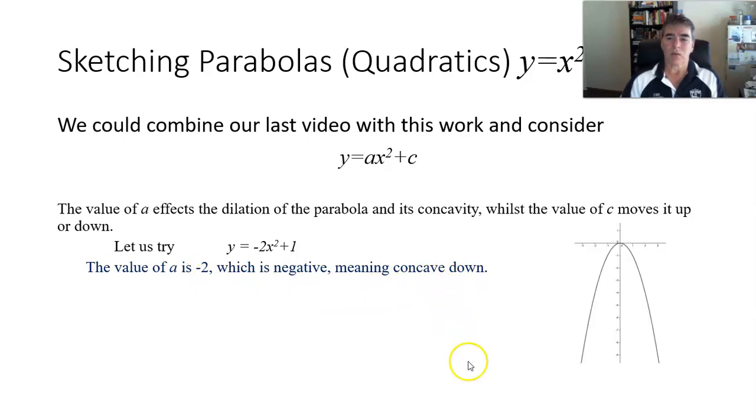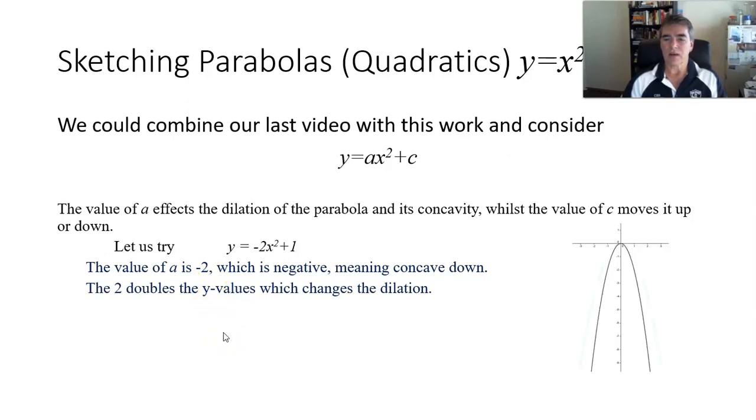So, concave down, that's just y equals -x squared, and then I'm going to multiply it by 2, and that's going to change the dilation. And so we get y equals -2x squared looking thinner, or steeper, because the dilation has changed, it's doubled each of the y values, which means that they're going down quicker.